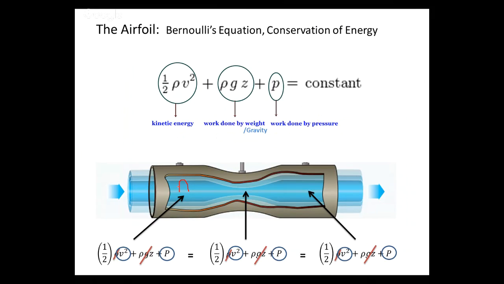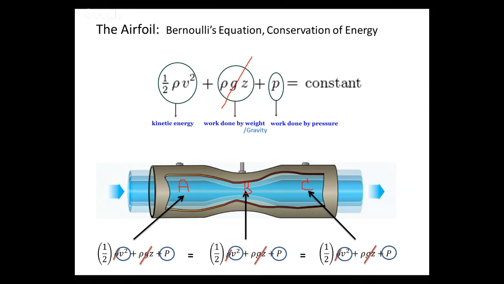There's section A, and there's section B, and there's section C. Because the fluid is not leaking or changing, and there's no fluid loss, all of these sections must have a constant Bernoulli's equation, meaning all of the kinetic energy, all of the gravity work, which is negligible, and any work done by pressure is all going to be the same.